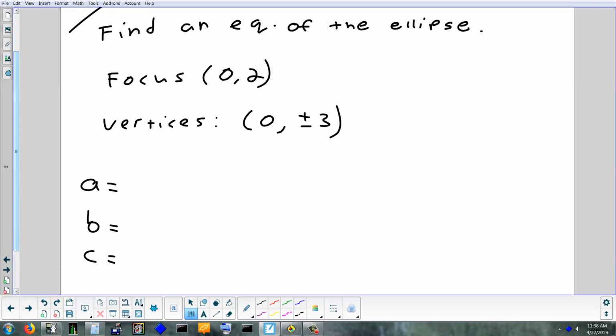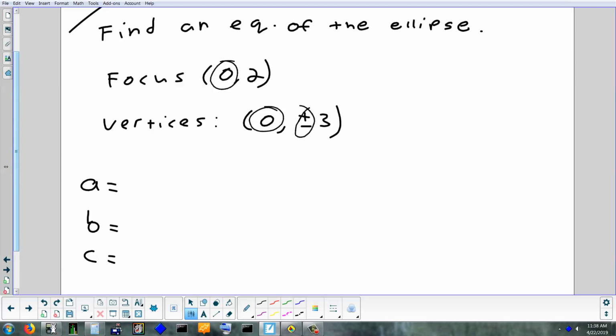Zeros are in front of us. So the fact that these are both zeros doesn't necessarily tell us that the center is at the origin. It would tell us something about the center, but there's something else here that gives away where the center has to be. The plus minus.